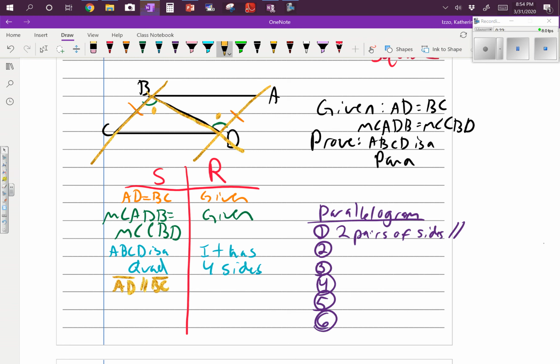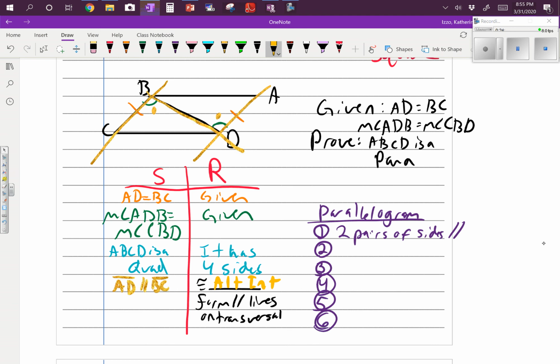So I've got because what? Congruent something form parallel lines on a transversal. Okay. They're both inside, so that would be alternate interior.